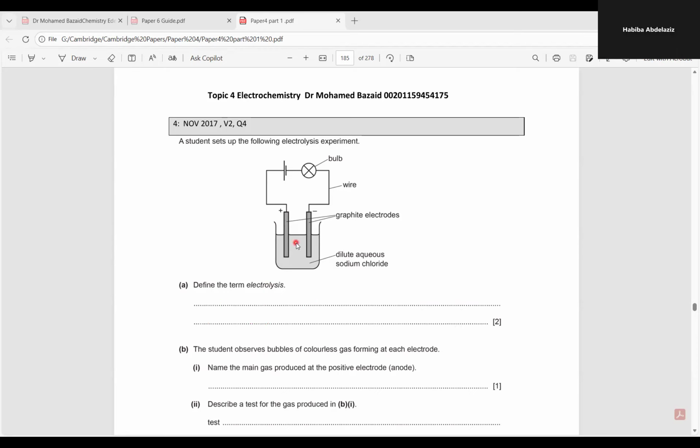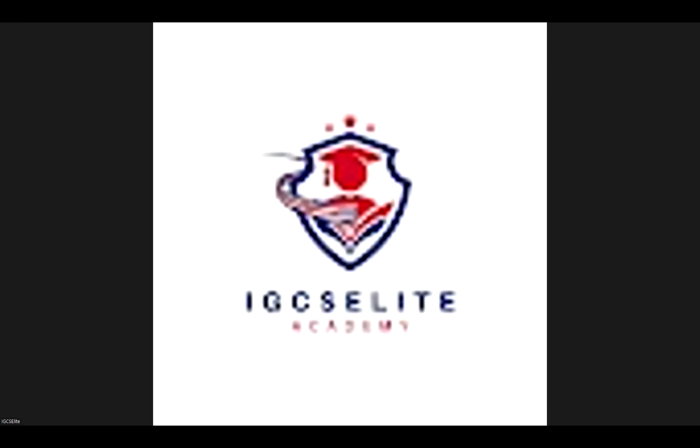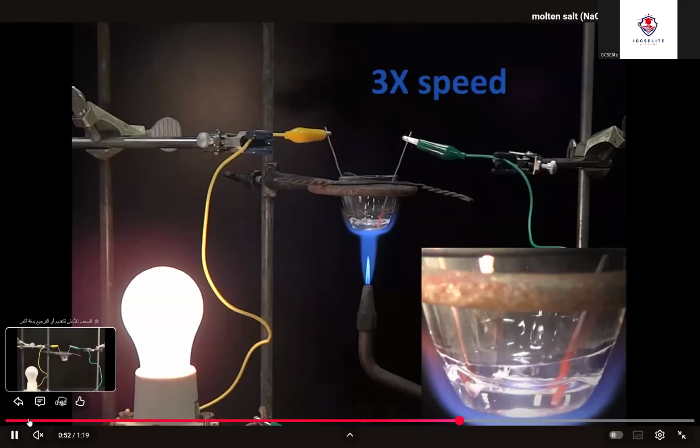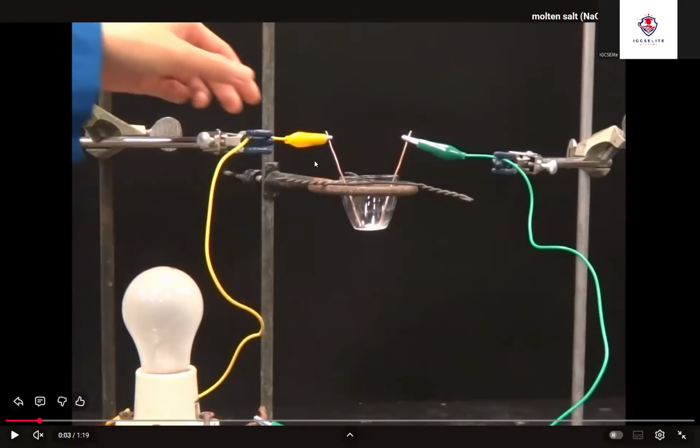For conduction of electricity in electrolysis, you can see here, what is this? This is called electrode. If you remember the video, this is the electrode. Electrode made up of what?